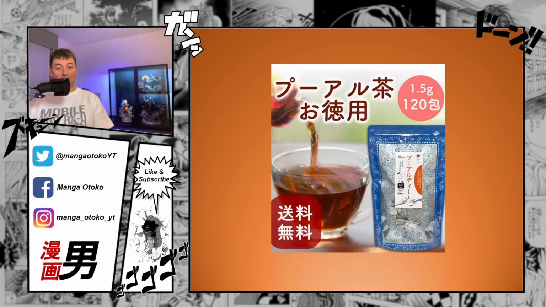So I thought Toriyama-sensei probably did that on purpose. Here you can see Pu'ale-cha, the variety that is referred to by that character. Usually you can buy these with little tea bags in Japanese supermarkets.